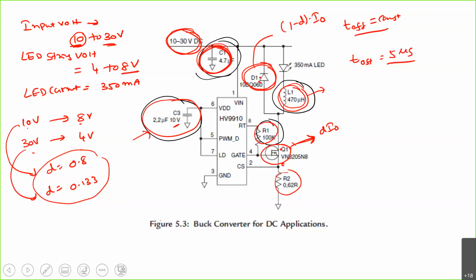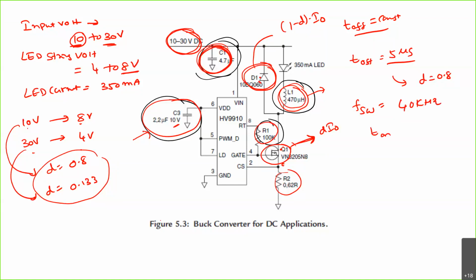Corresponding to D equal to 0.8, what is the switching frequency? 40 kilohertz, right?